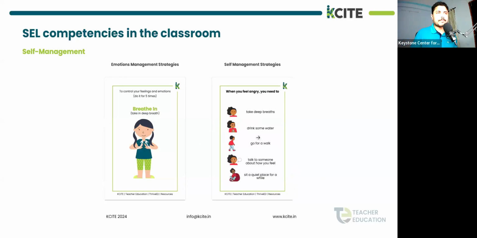Drink some water. Go for a walk. Talk to someone about how you feel. Sit in a quiet place for a while. And when you're feeling sad, take deep breaths. Talk to someone about how you feel. Sit in a quiet place. Read a book of your choice, or maybe hug a toy. Okay. So these strategies will definitely help the learners understand how they are managing themselves.